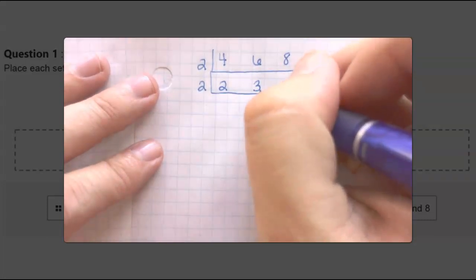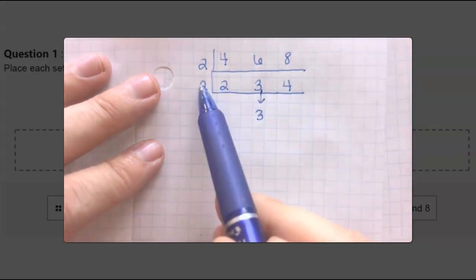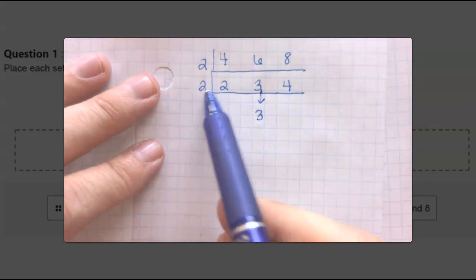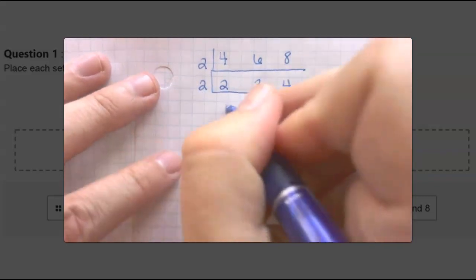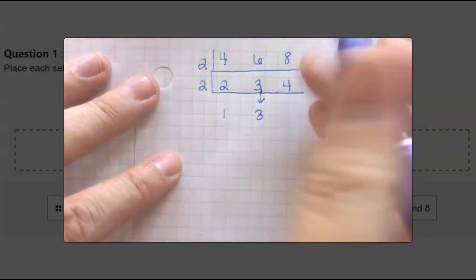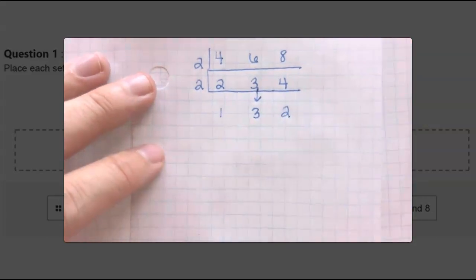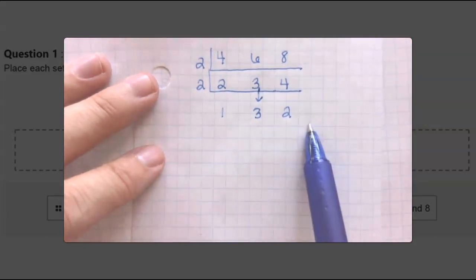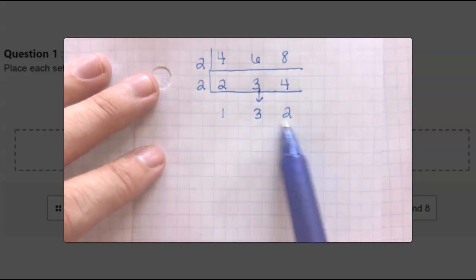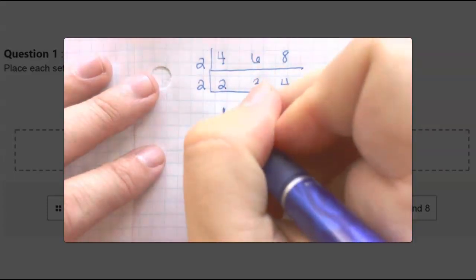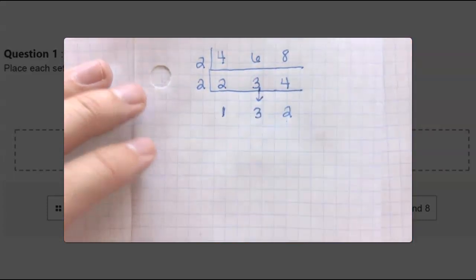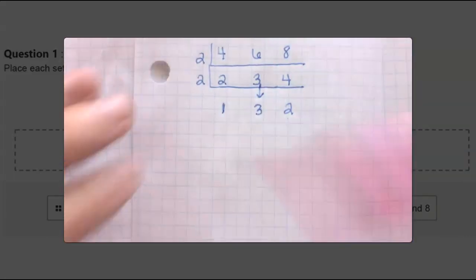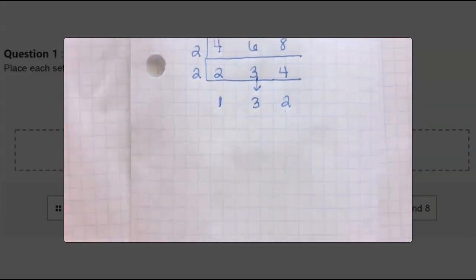So 3 is going to be carried down, but for 2 and 4, I can pull out the prime of 2. So 2 divided by 2 is 1. 4 divided by 2 is 2. Now that we're down at the bottom, there are no 2 that share the same prime factor, so there's nothing that I can pull between all 3. So just like in LCM, we multiply the L here.